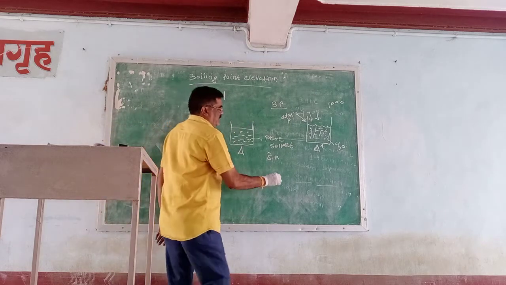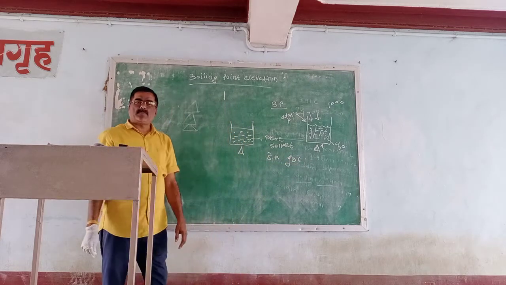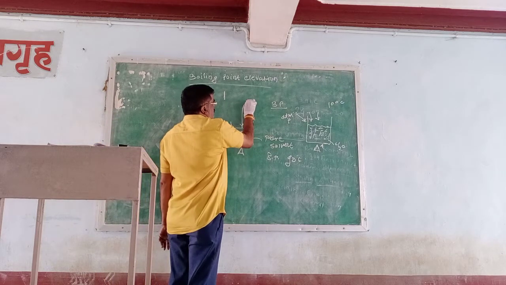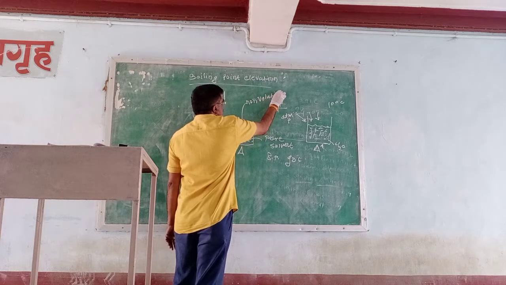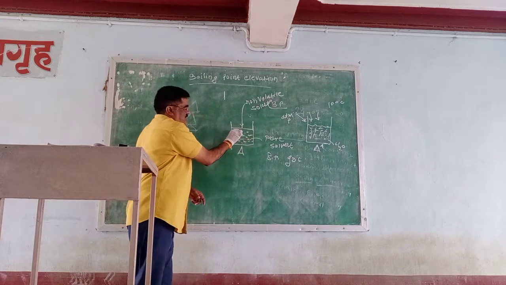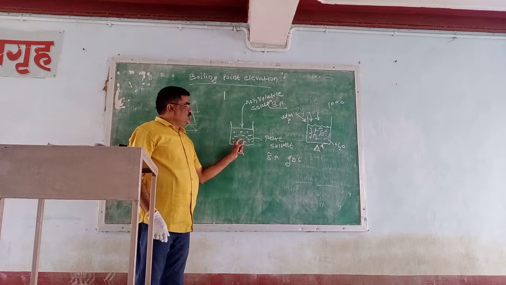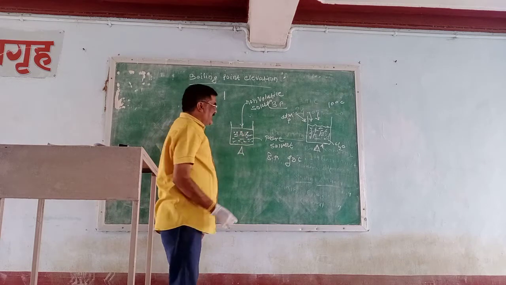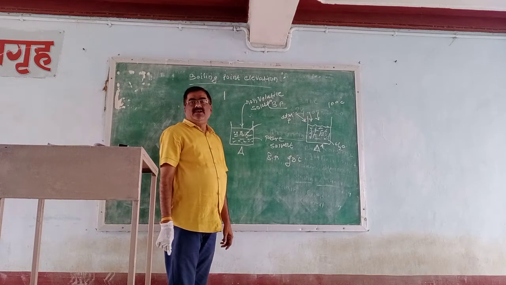Suppose that it may be, for example, 90 degrees Celsius. But when a non-volatile solute is added into this, at that time the boiling point of this solution increases.